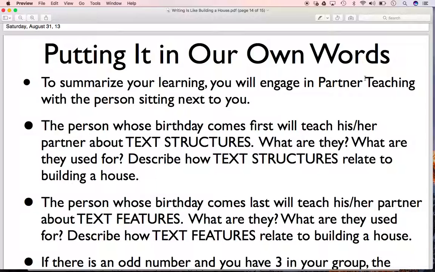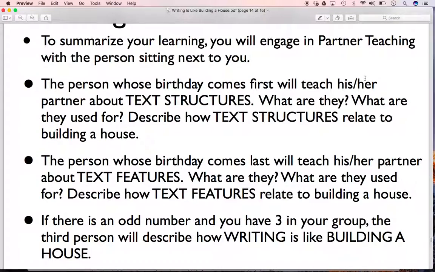What you're going to do is write a summary of what you've learned on a Google document. It says the person whose birthday comes first will teach his or her partner about text structures. What are they? What are they used for? Describe how the text structures relate to building a house.